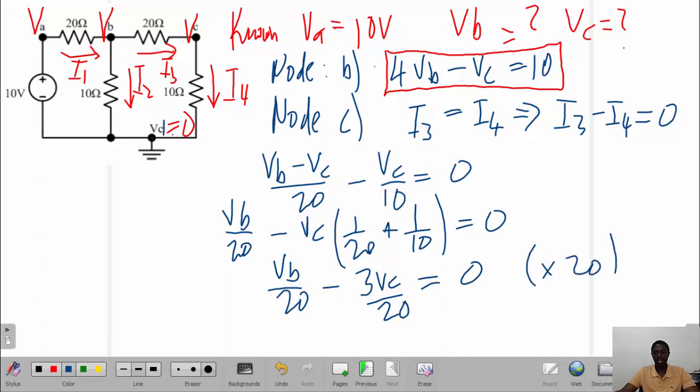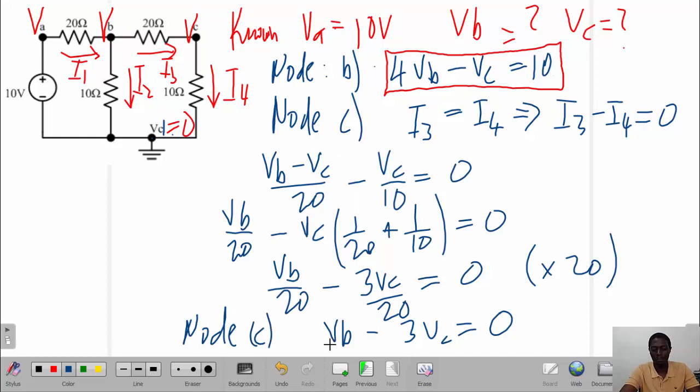You can multiply by 20 to get simply VB minus 3 VC equal to 0, and this is the equation at node C. So we've got node C equation done and completed.